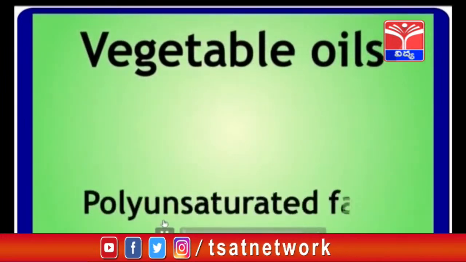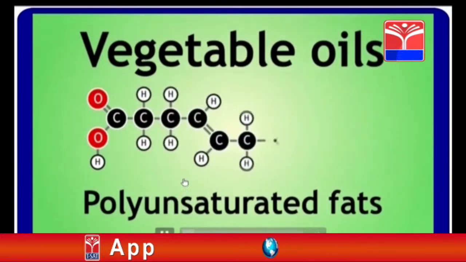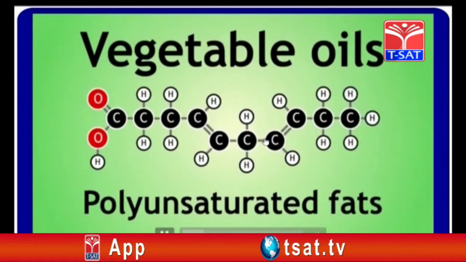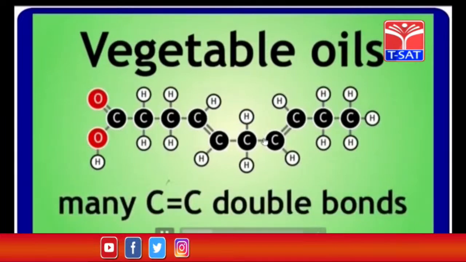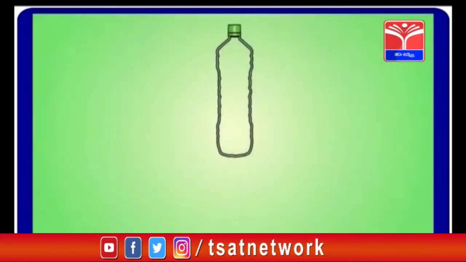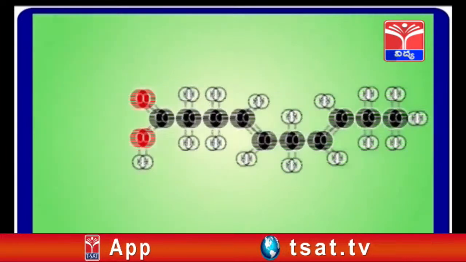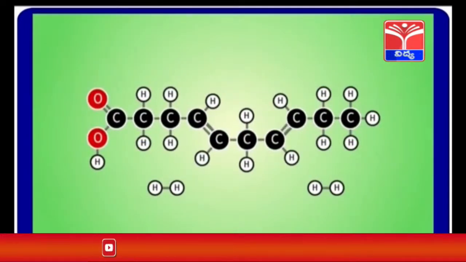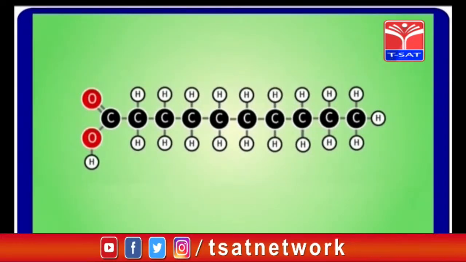Vegetable oils are polyunsaturated fats. Unsaturation means having double bonds. These hydrocarbon molecules have many carbon-carbon double bonds, and due to the presence of these double bonds, vegetable oils are in liquid state at room temperature. By the addition of hydrogen to these unsaturated hydrocarbon molecules, they will be converted into saturated ones.